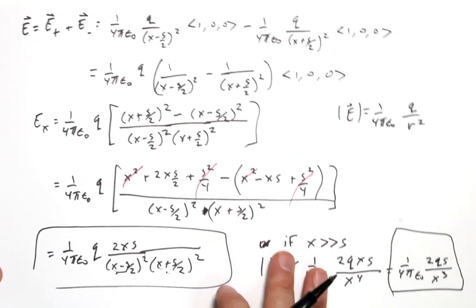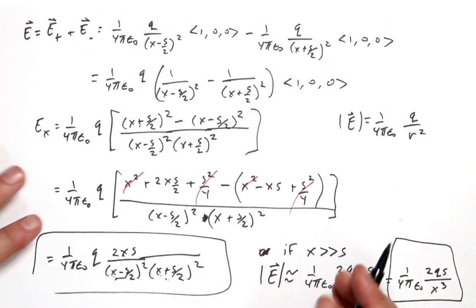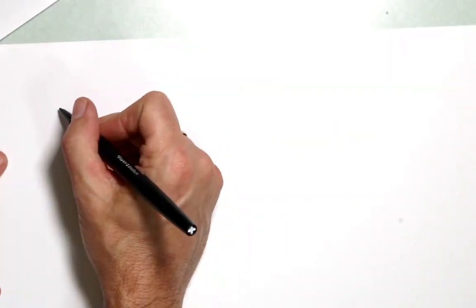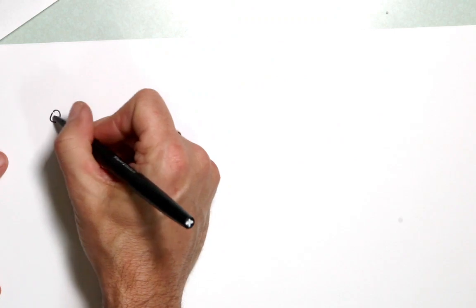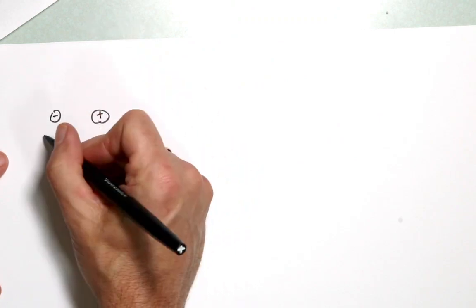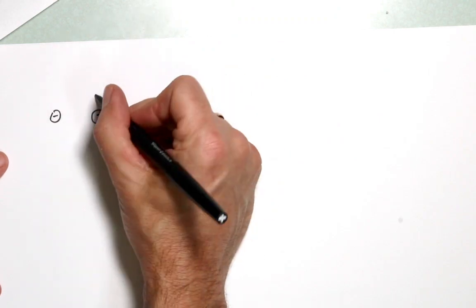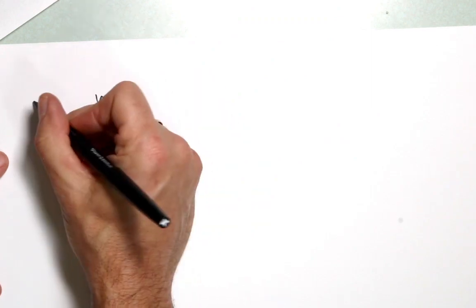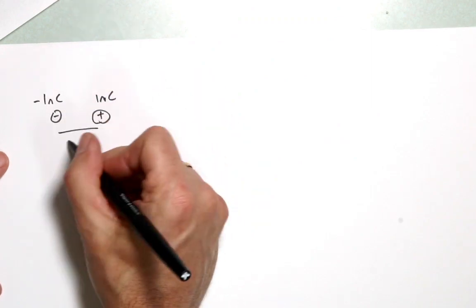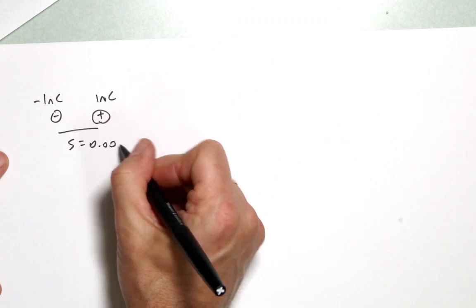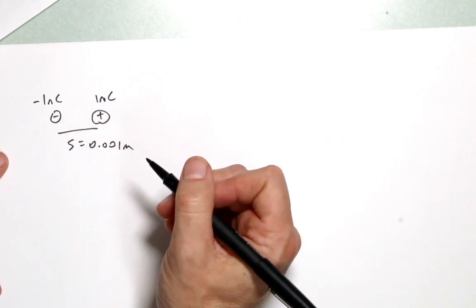I'm going to do this in Python, for the following case. I have a minus and a plus, 1 nanocoulomb and negative 1 nanocoulomb, and s is equal to 0.001 meter. I don't even know if that's realistic or not.